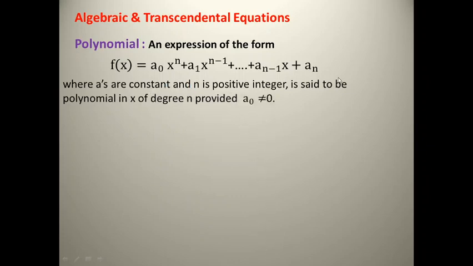This expression is said to be a polynomial in x of degree n, provided the coefficient of x to the power n, that is a0, is not equal to 0.